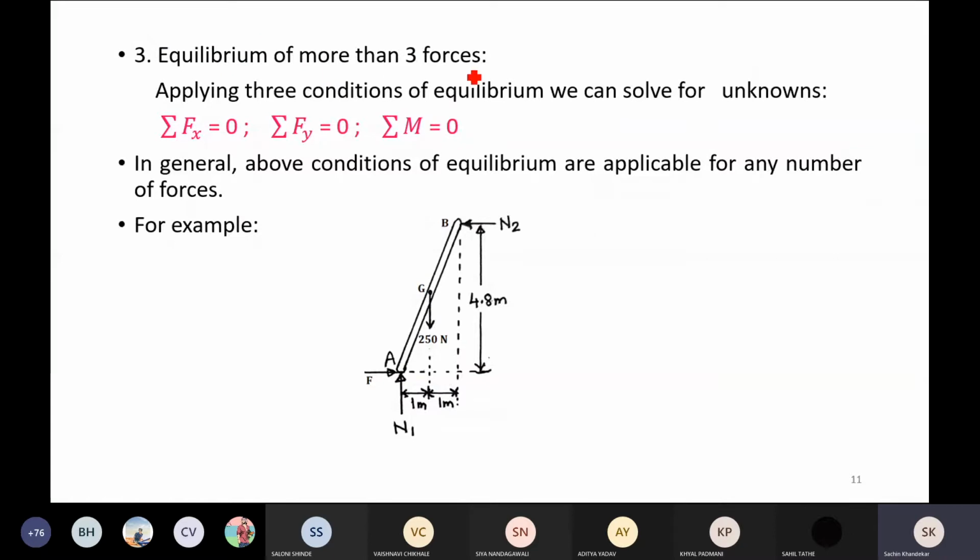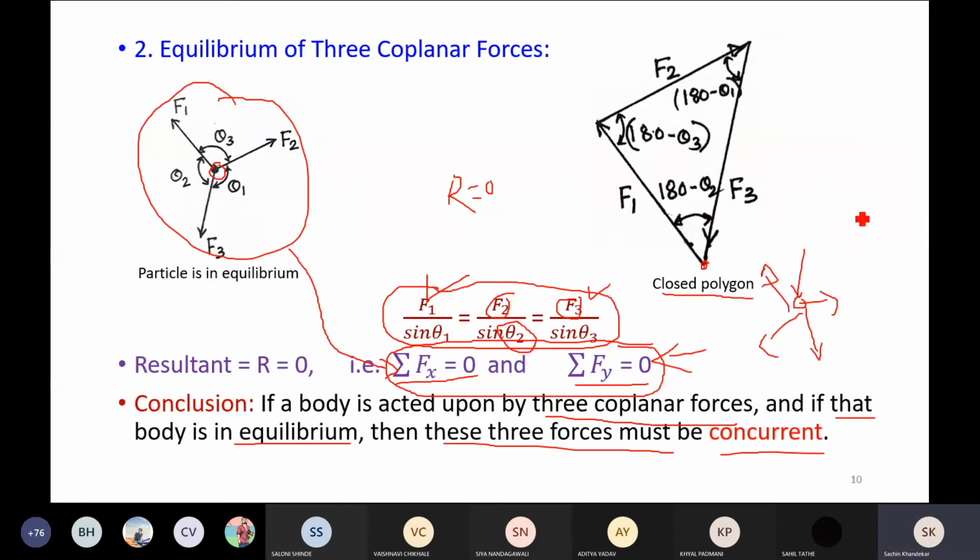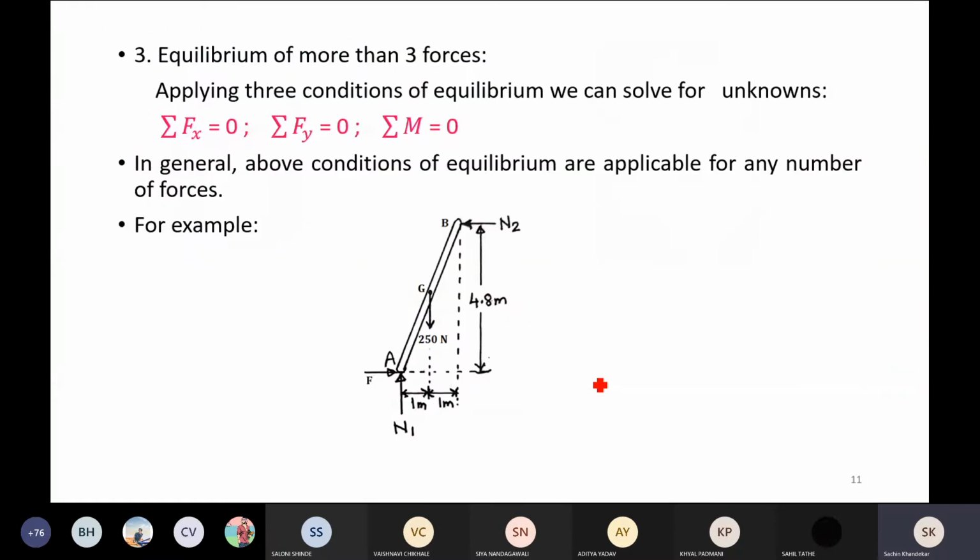Then, equilibrium of more than three forces. If a body is acted upon by more than three forces in a coplanar concurrent force system, then we apply summation Fx equal to 0 and summation Fy equal to 0.